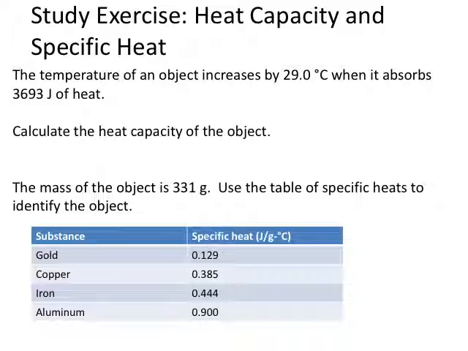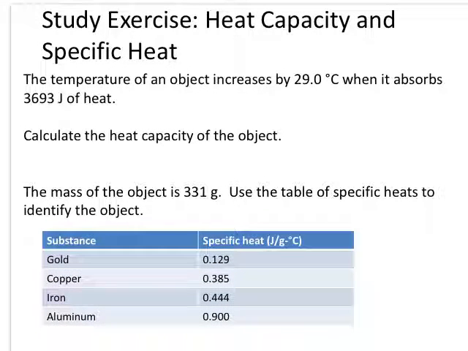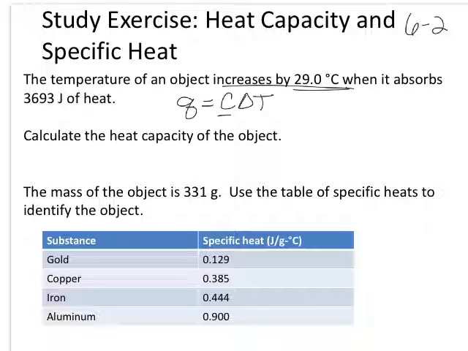This is problem 6-2. What you want to do here is use the amount of heat Q equals heat capacity C times delta T, and basically you're going to solve for C. Since it increases by 29 degrees, this is already giving you a delta T of 29.0 degrees Celsius.